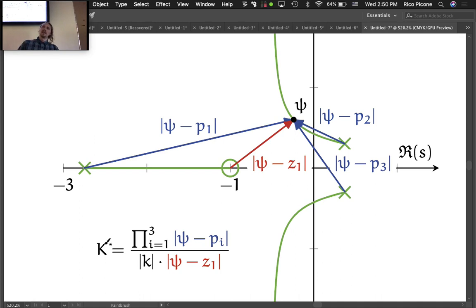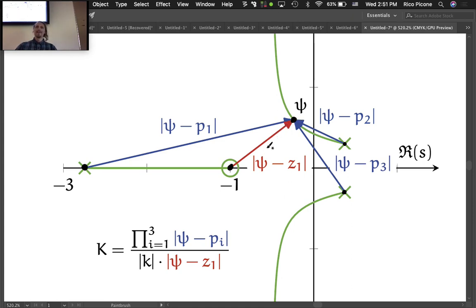If you want to find the controller gain to make one of the closed loop pole locations be psi, at this point on the root locus, then we take the product of the length of the vector going from P1 to psi, the length of the vector from this pole to psi, and a further multiplication with the length of the vector from this pole to psi, divided by the length of the vector from this zero to psi.